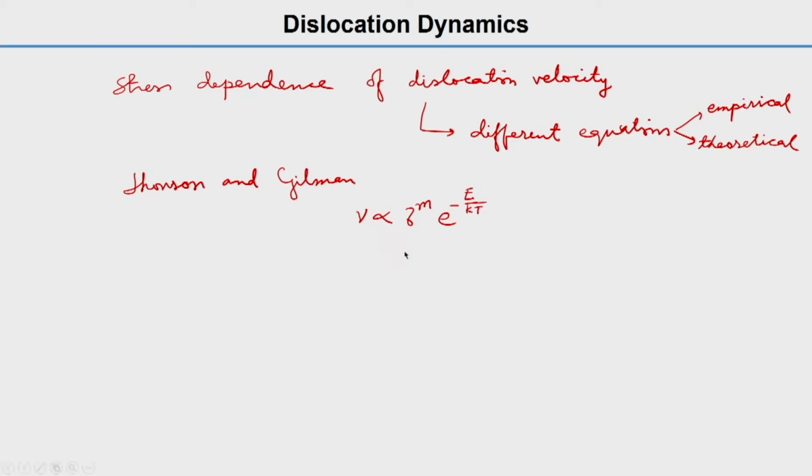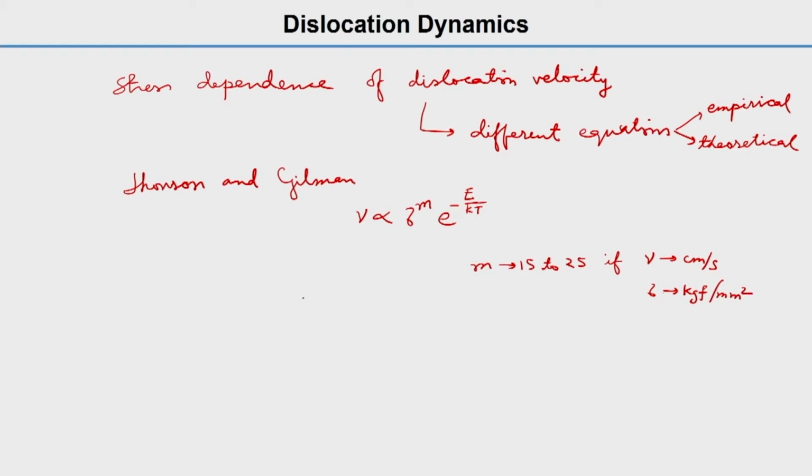So in this case m is from 15 to 25 if V is measured in centimeter per second and sigma is measured in kg force per millimeter square.